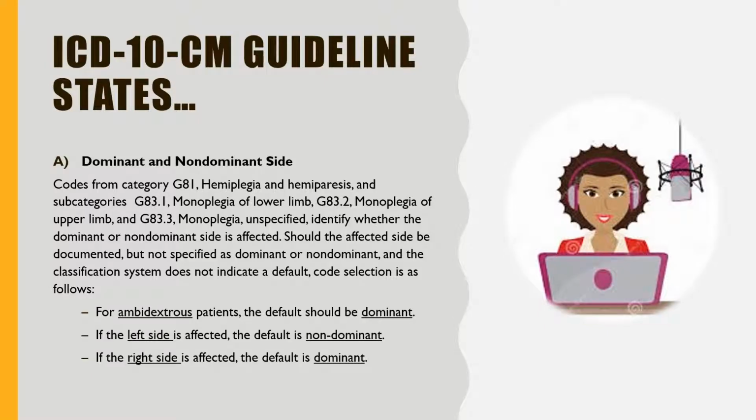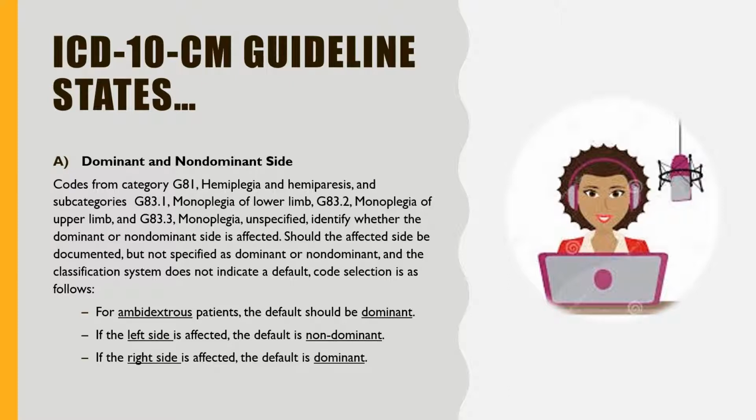The ICD-10-CM Guidelines state that codes from Category G81, which represents hemiplegia and hemiparesis, and subcategories G83.1, monoplegia of lower limb, G83.2, which is the monoplegia of the upper limb, and G83.3, which represents monoplegia unspecified, identify whether the dominant or non-dominant side is affected.